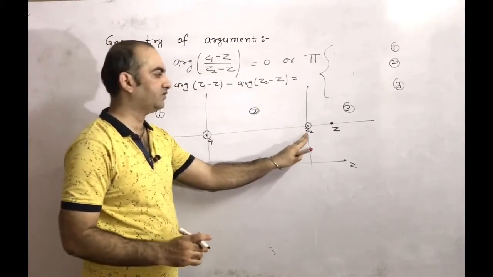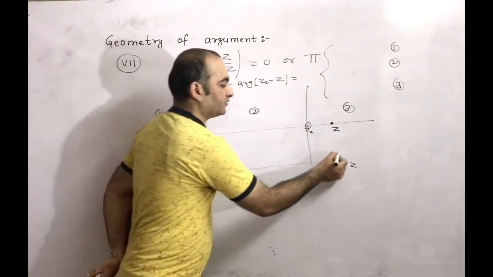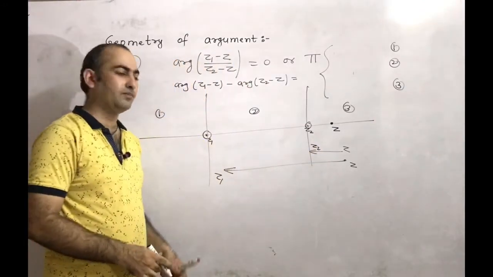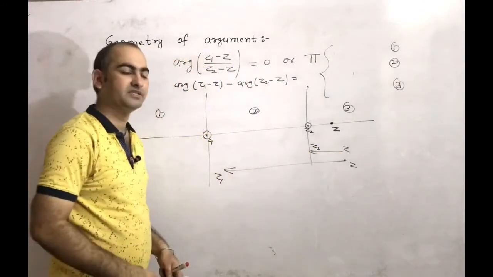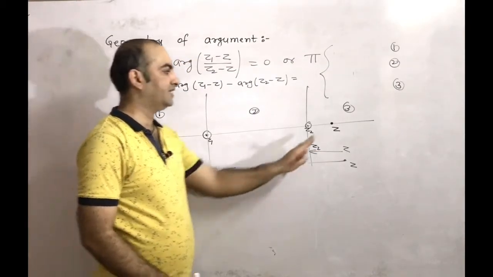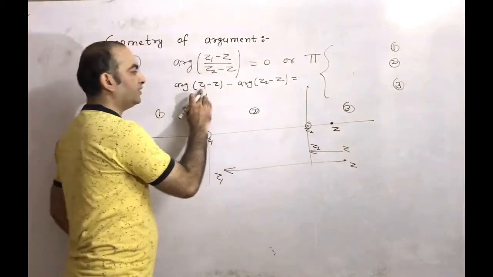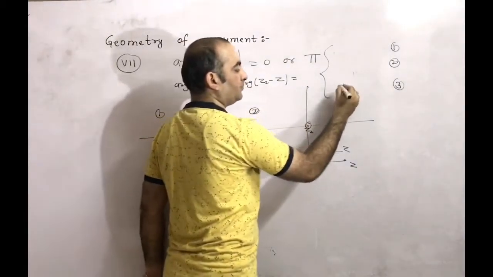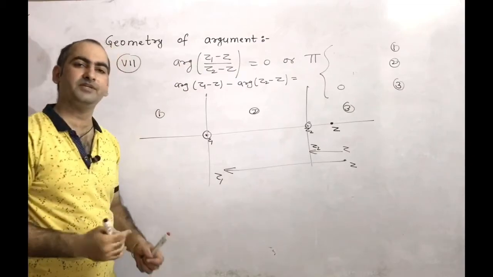This is z2 and this is z. Joining these, they lie on the same line and both directions are the same, so the angle between them is 0. So if z lies in the third section, the argument of z1 minus z minus the argument of z2 minus z is 0, since both are in the same direction.